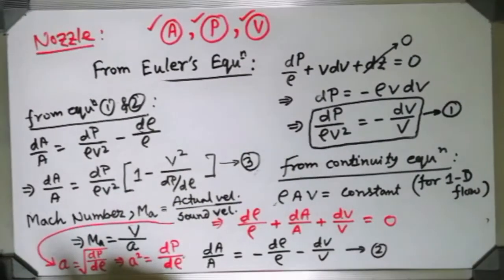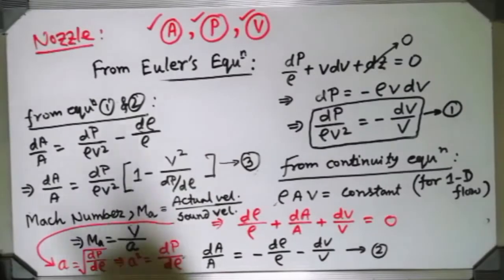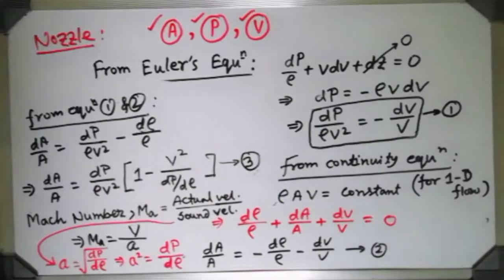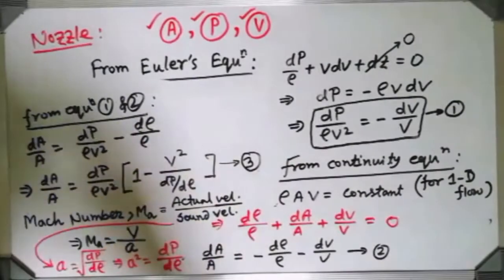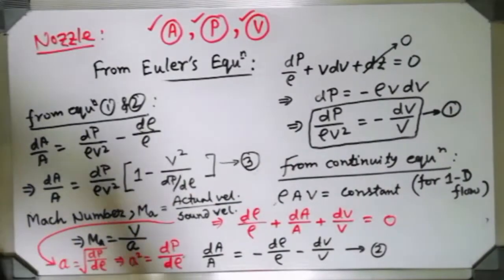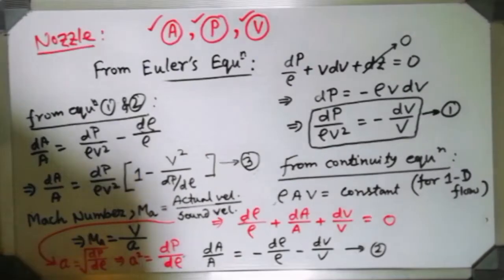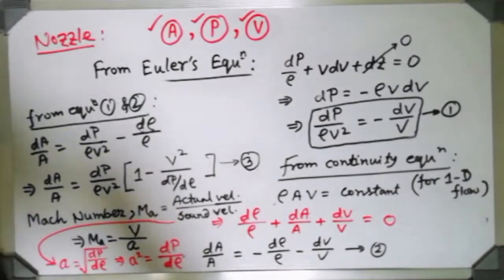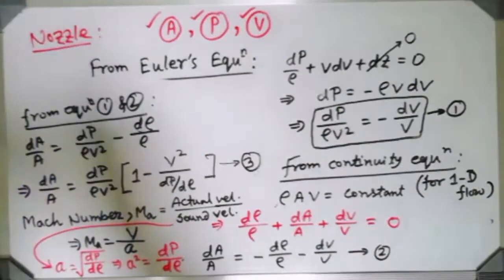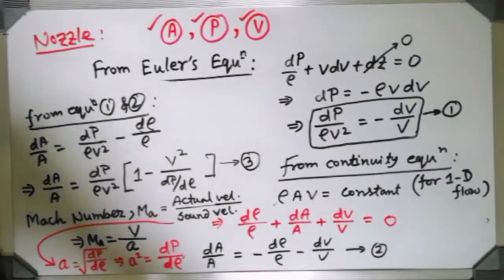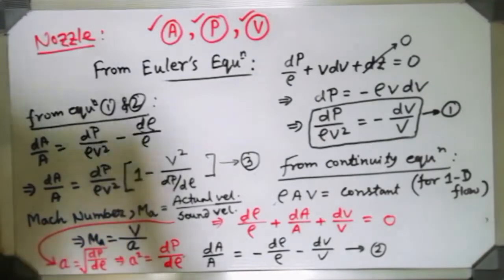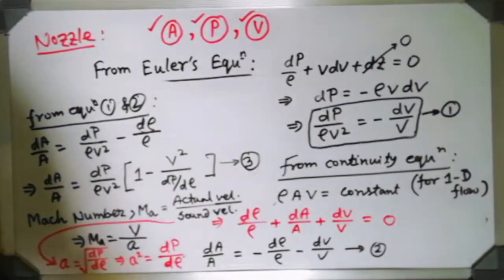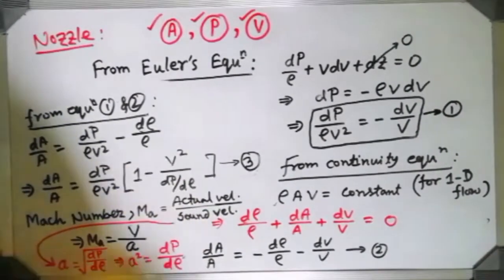That means it can be compressed, and gas is a compressible medium, because the molecular space between two molecules for a gas is wider, so gas can be compressed easily, but liquid cannot be compressed. And for a nozzle, basically steam is flowing, and steam is very easy to compress. That's why we are talking about it here.